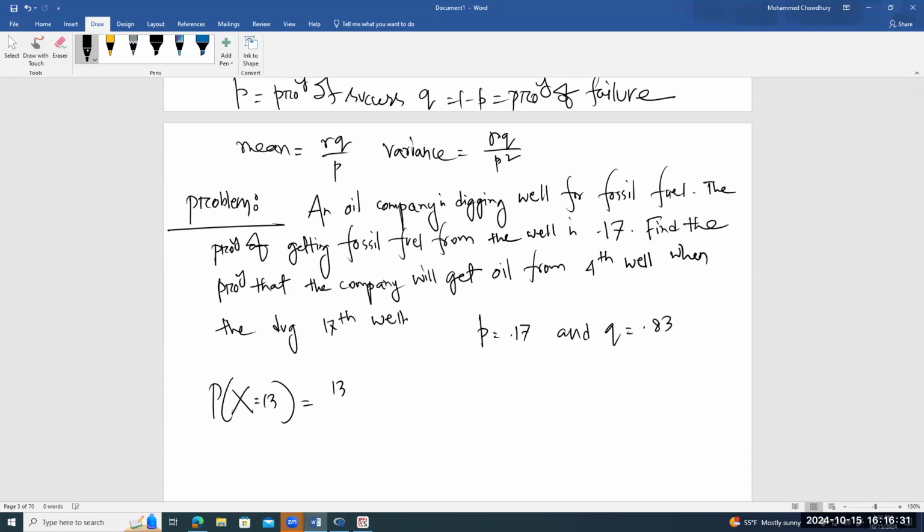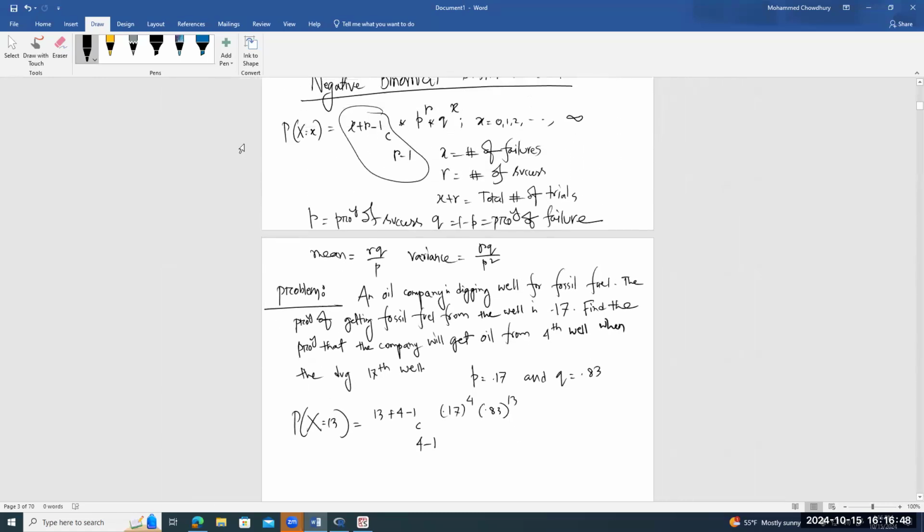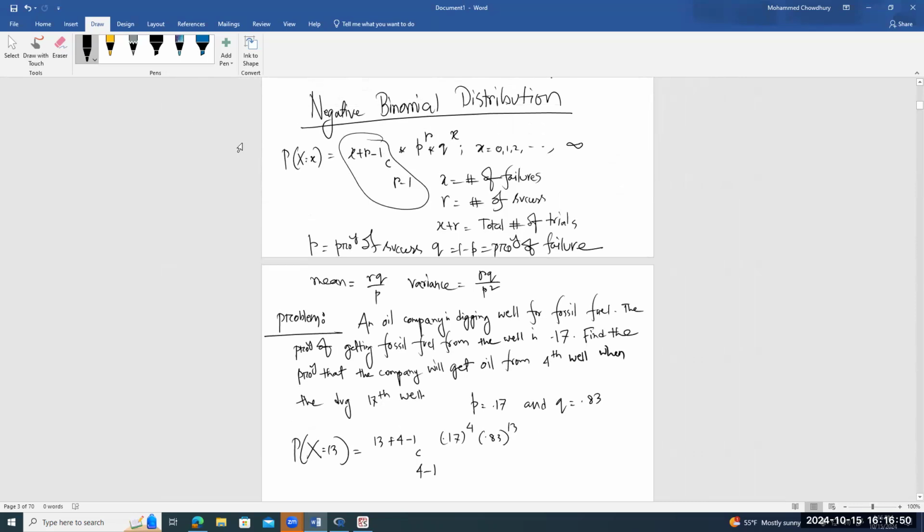And then 13 plus 4 minus 1, C 4 minus 1, P to the power R, which is 4, Q to the power X, which is 13. Exactly this formula. Take a look. Exactly that formula. Here X equal to number of failures.